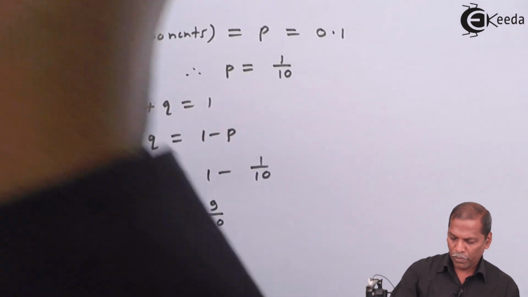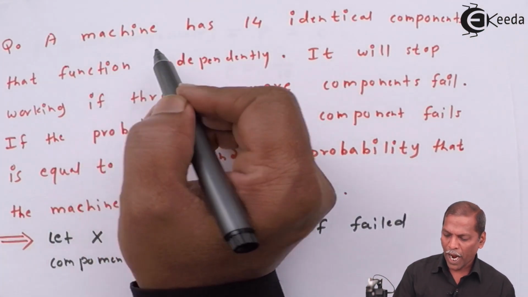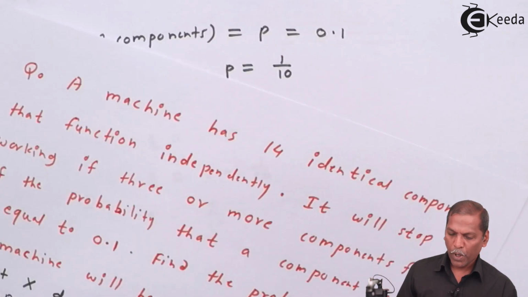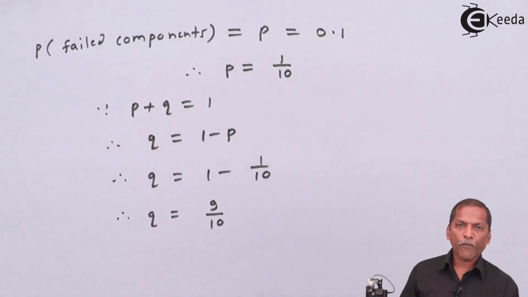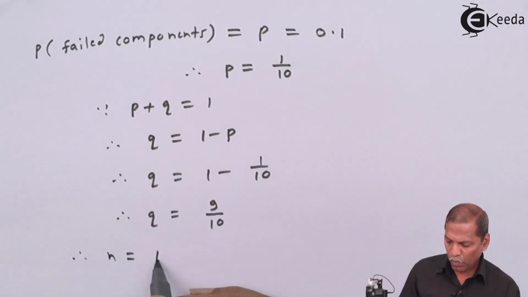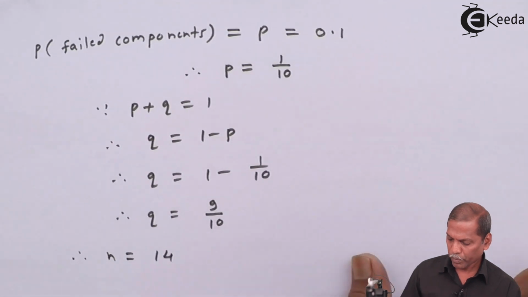Now in the question, a machine has 14 identical components. It means here the number of trials n is equal to 14.